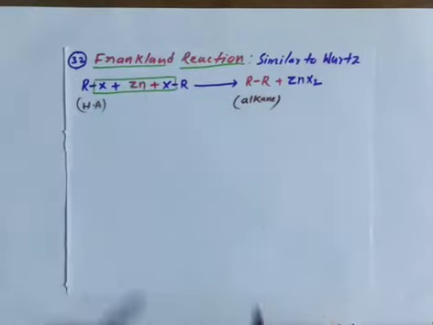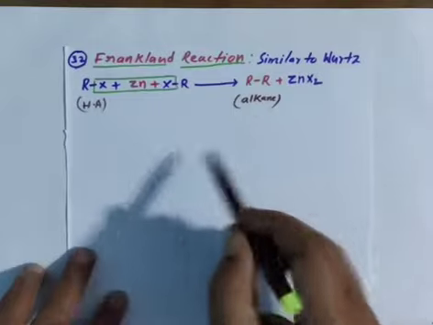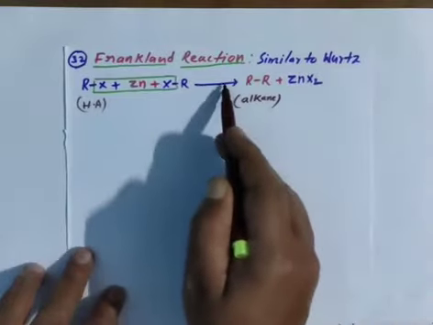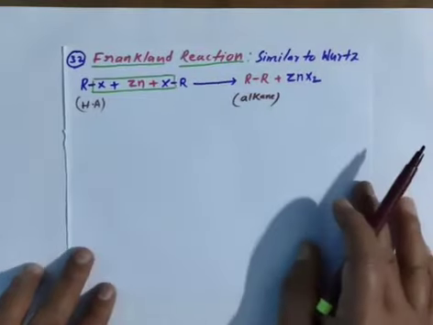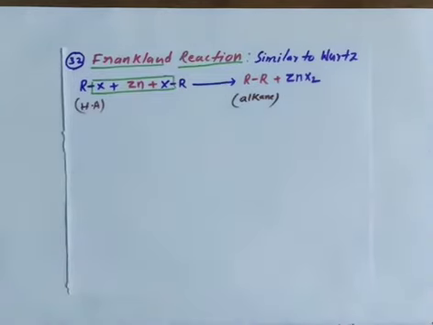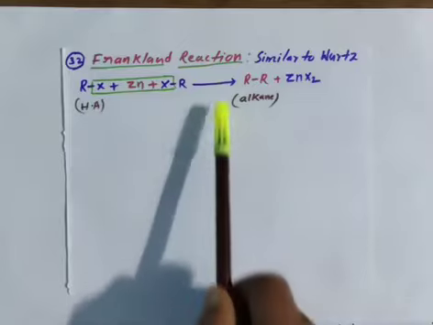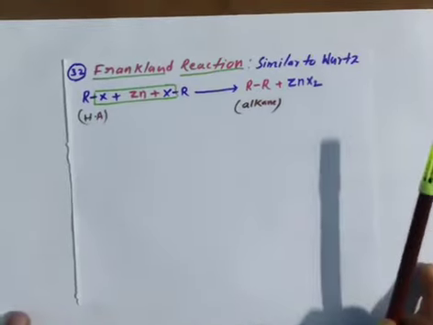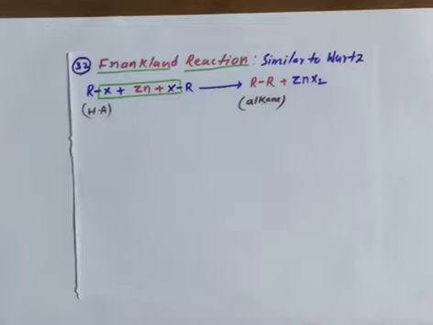So haloalkanes are converted to alkanes in the presence of zinc metal. Only zinc metal we have to use; we should not use any other reagent. So nearly 32 very important named reactions we completed.